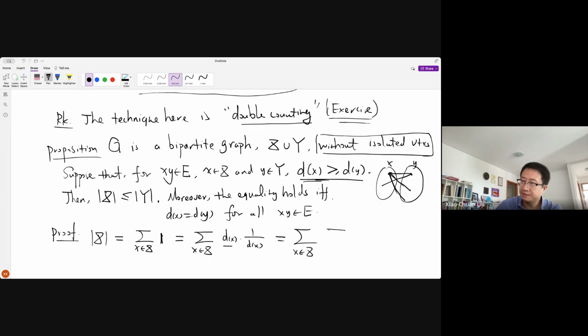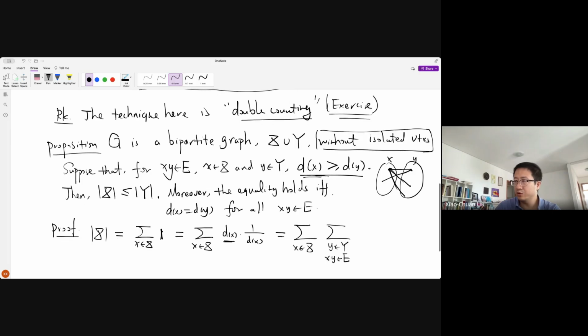You make a sum over all y in Y with the condition that xy is in E. Basically this sum equals d(x). So you translate d(x) into a sum, again a sum of ones. You find all the y such that xy is an edge.